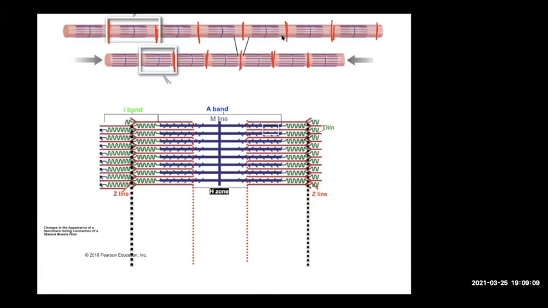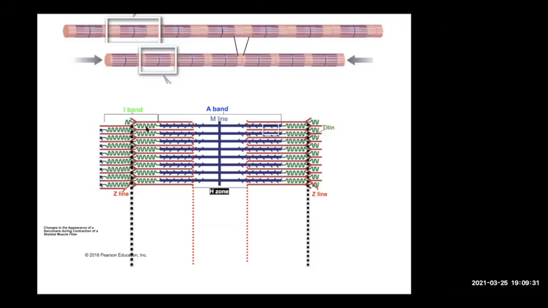But also you'll notice the Z lines. Okay, these are the Z lines, which make up sarcomere to sarcomere. You'll notice they are going to be pulled in closer to this M line right here, right? So let's look a little bit over here and see how that works.